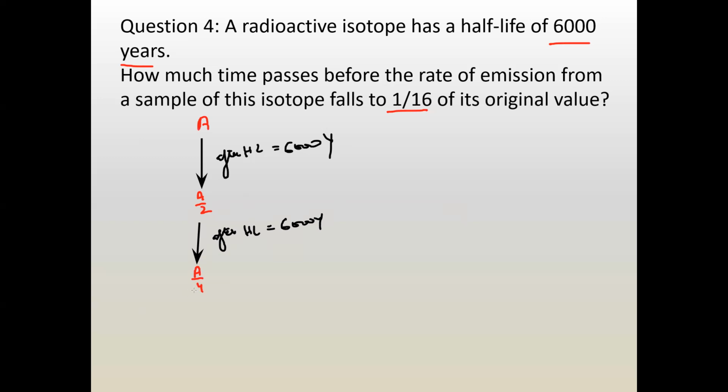Then after another half-life, how much will the sample be? It will be A by 8. So this was after a half-life, and another half-life is after another 6,000 years. Then after another half-life, because we want to find when it will become 1 by 16 of the original value, or A by 16, this one is A by 8, then it will become A by 16.